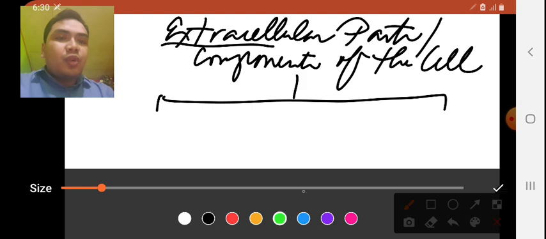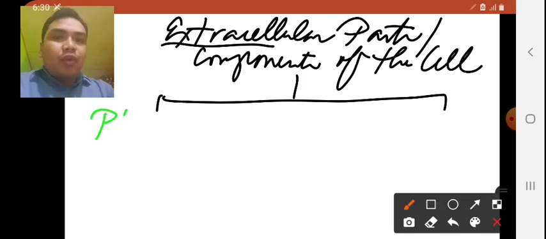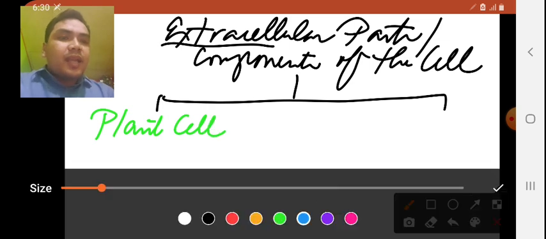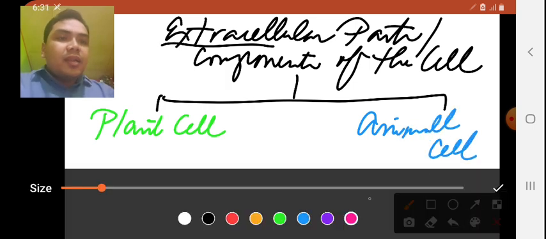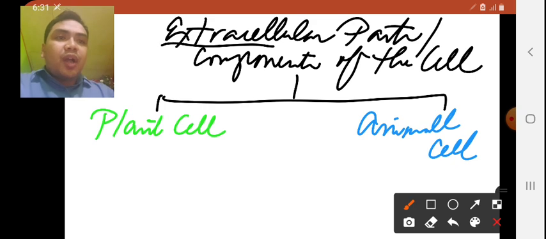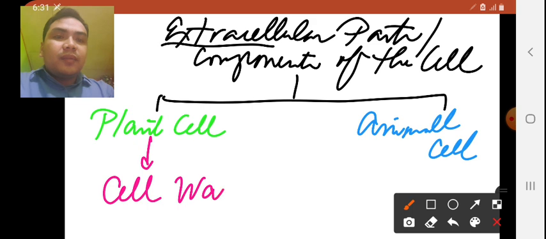So for the first one, we have the plant cell, and then for the second one, we have the animal cell. So primarily, the external part of the plant cell is the cell wall.